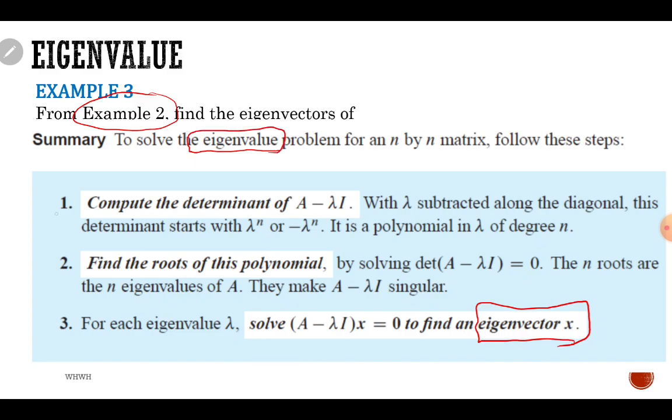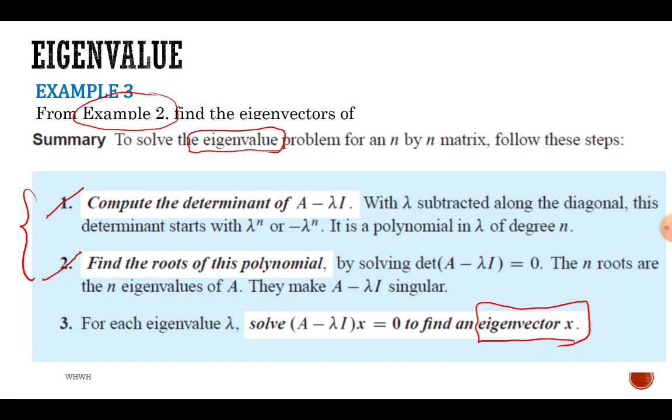Okay, step number 1 and step number 2 are the summarized steps on how to find the eigenvalues. Okay, all this jalan kerja yang saya dah explain dalam video sebelum ni is summarized here. Macam mana kita nak cari lambda tu. Okay, compute the determinant for A minus lambda I and let it equal to 0.